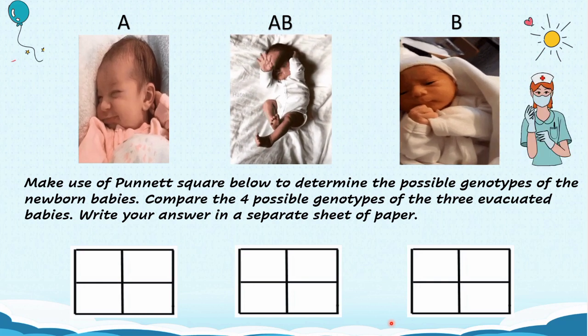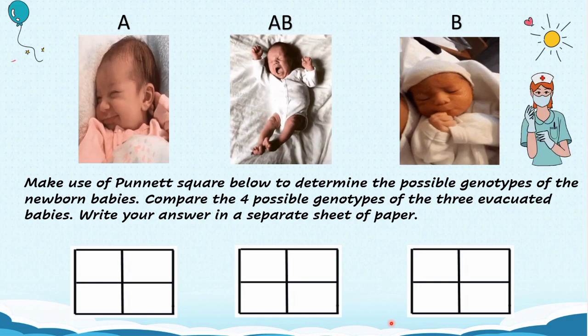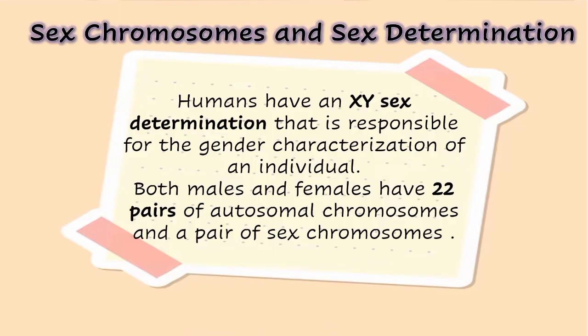Humans have an XY sex determination that is responsible for the gender characterization of an individual. Both males and females have 22 pairs of autosomal chromosomes and a pair of sex chromosomes.